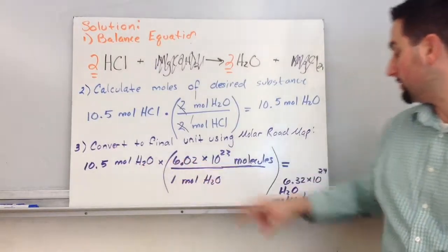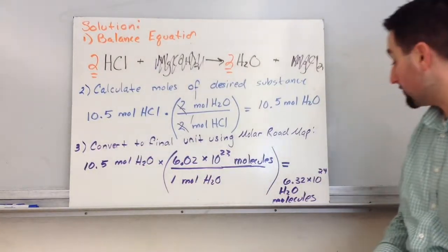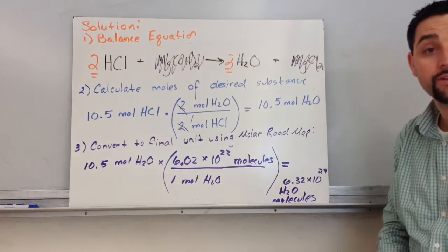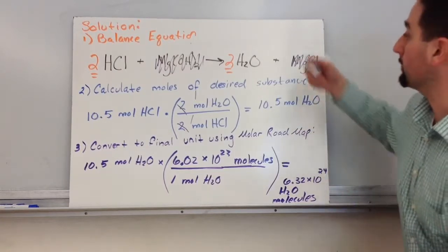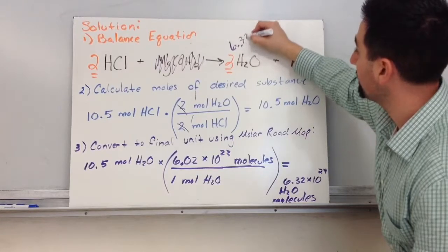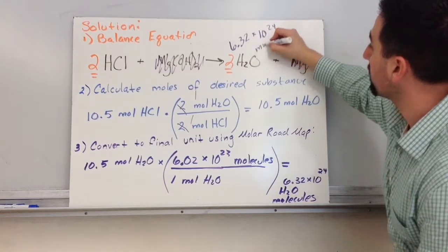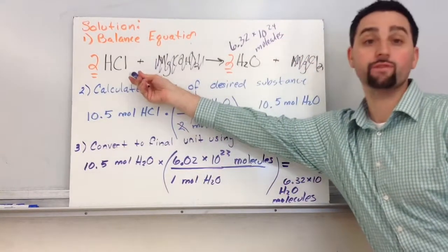I multiply these two numbers and I get 6.32 times 10 to the 24th water molecules. That's our answer. That's how much water we're going to theoretically produce, if everything goes according to plan, based on our 10.5 moles of hydrochloric acid.